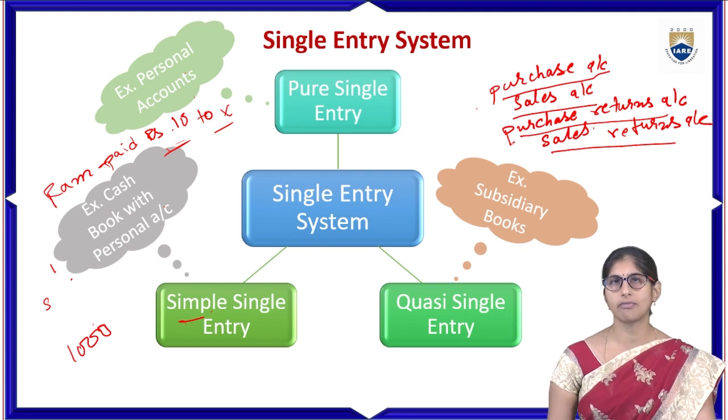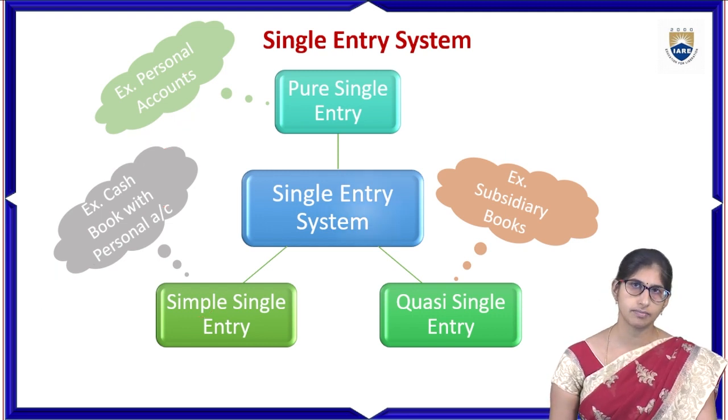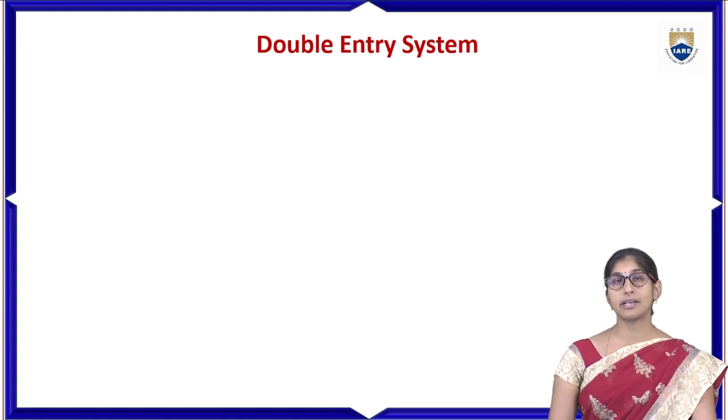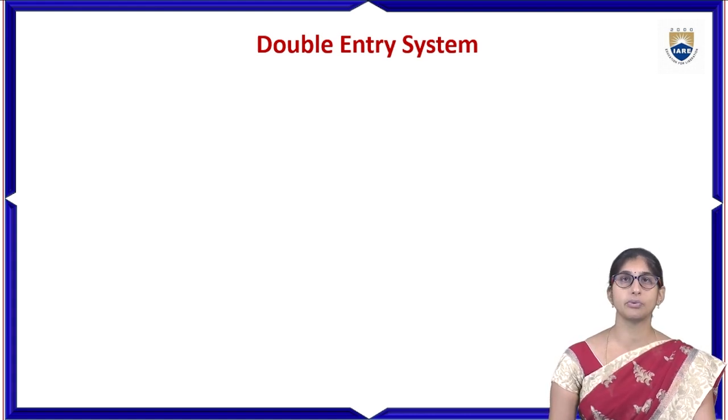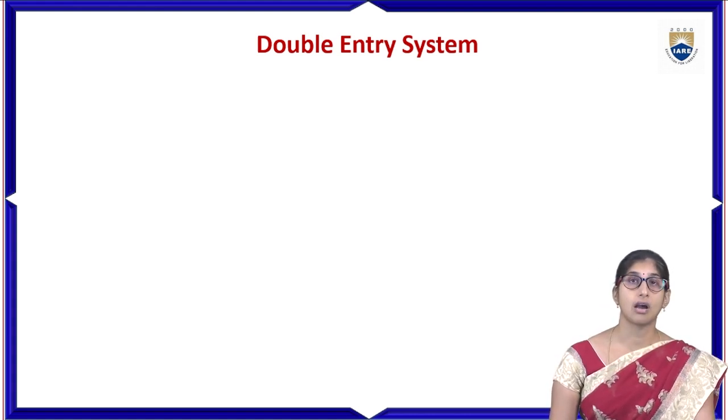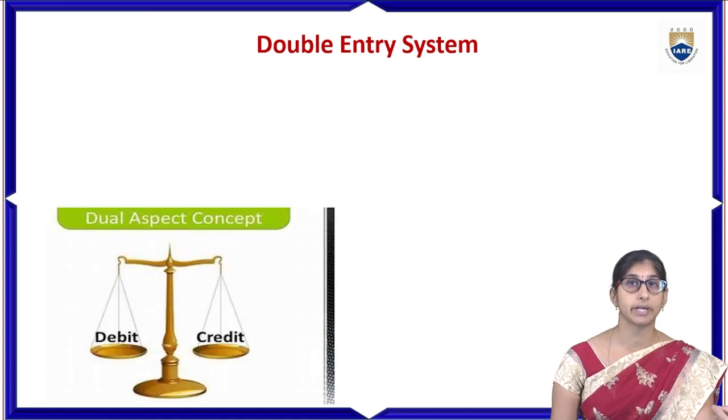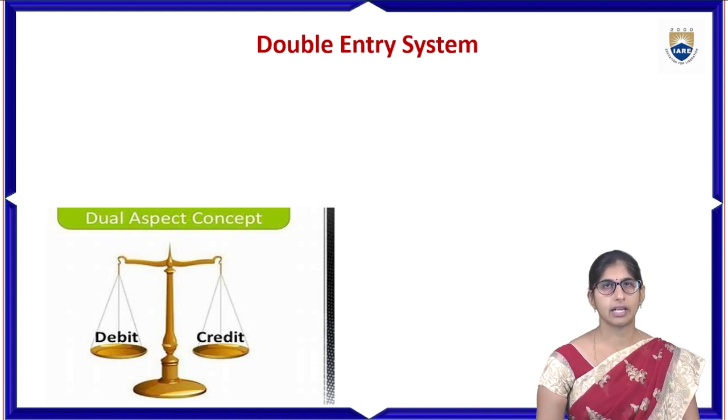And now we move on with the double entry system. Coming to the double entry system, we have to memorize the dual aspect concept. Why do we have to memorize this?